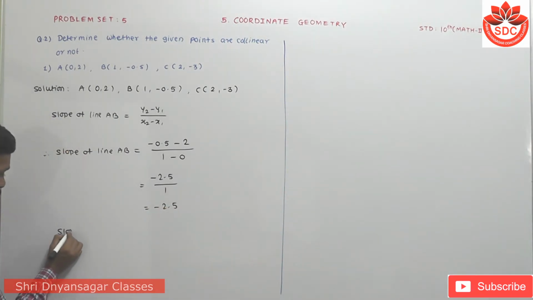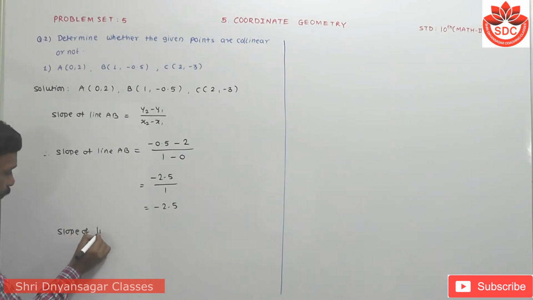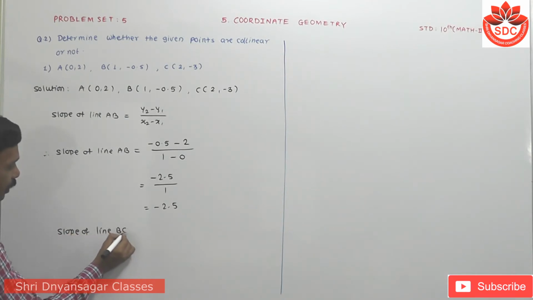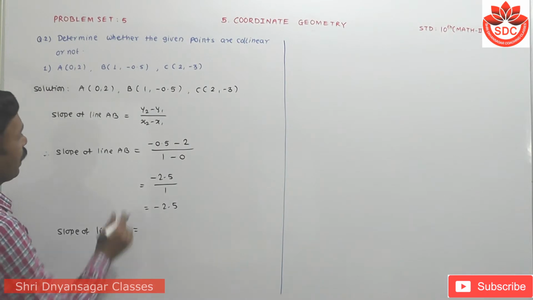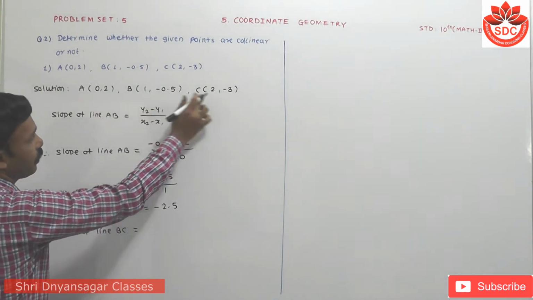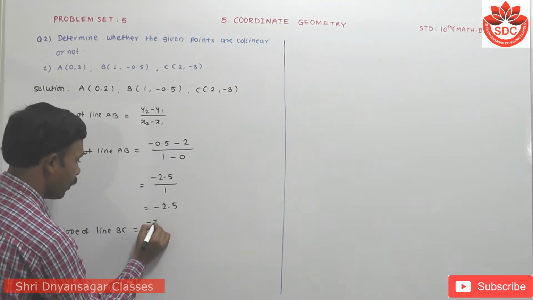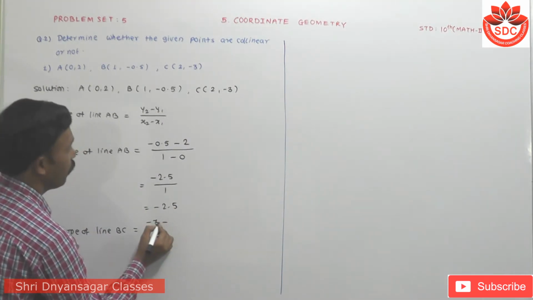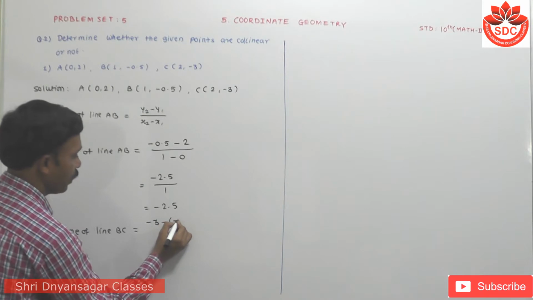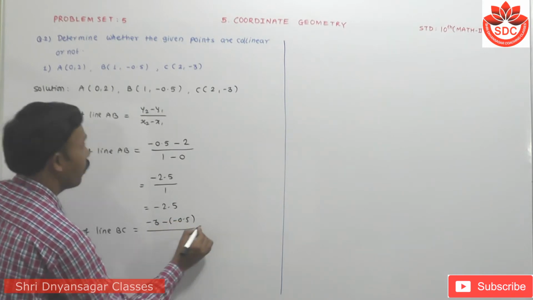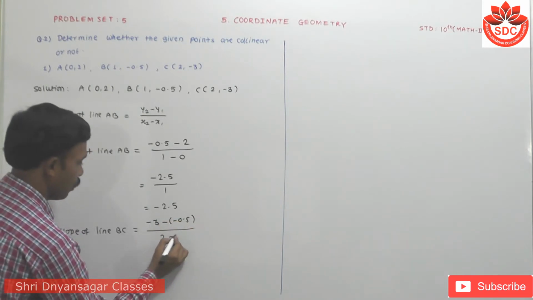Now we have to find the slope of line BC. Look here. Again we use this formula and directly substitute the values of BC for x1, y1, x2, y2. At that time, y2 is -3 minus 0.5 upon 2 minus 1.